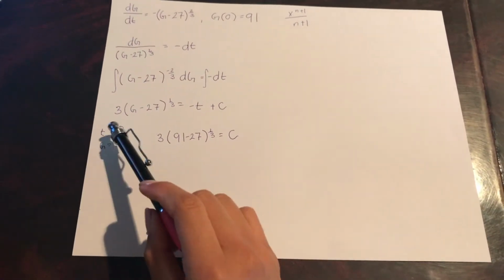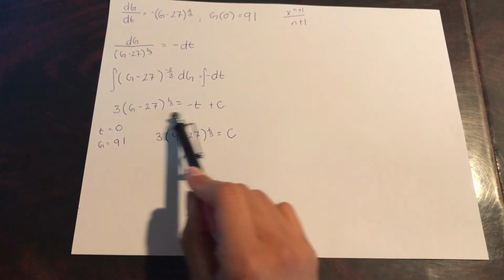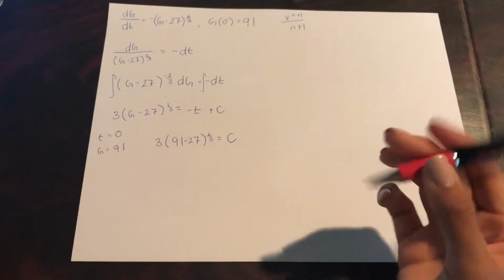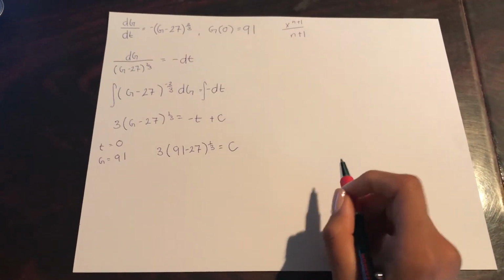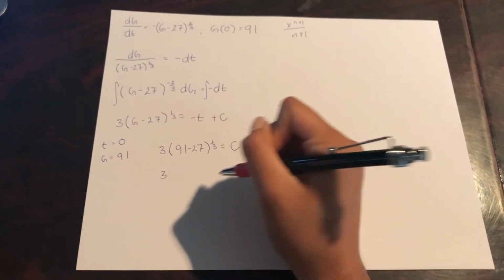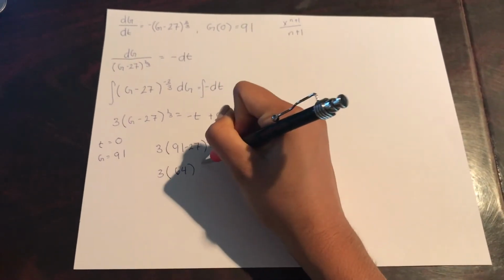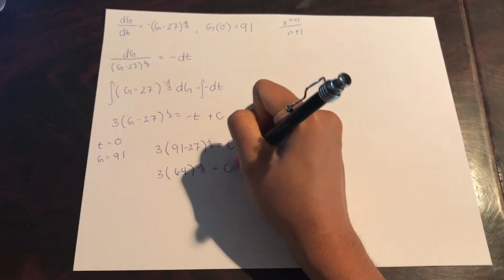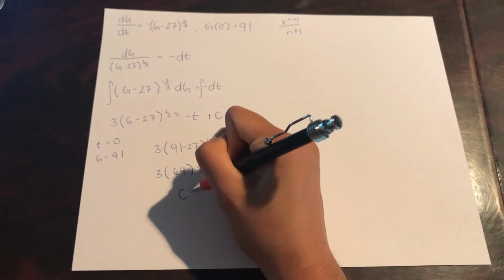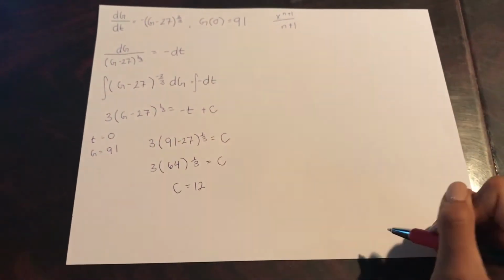Now here we just plugged in our t and our g into this equation. So 91 minus 27 is equal to 64. And that gives you c is equal to 12.